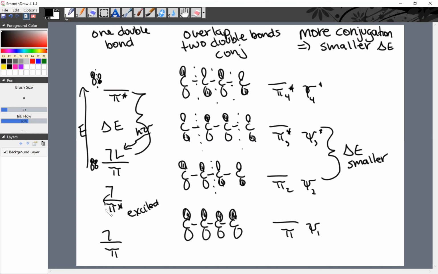This electron wants to fall back down and it will release the same amount of energy that it absorbed. Am I going to be able to see that? The answer is no, unless it occurs in the visible region. And the visible has small delta E's. So the more conjugation, the smaller the energy difference, and now we can start to see these molecules.